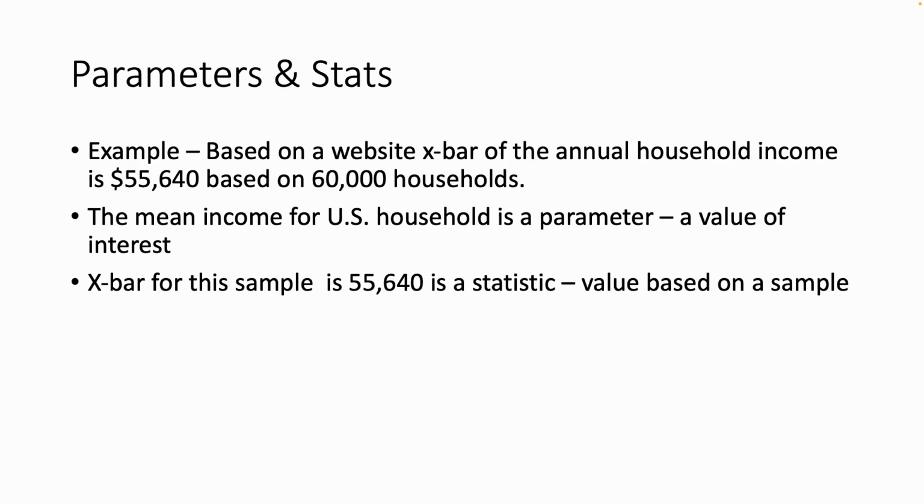So the idea here is that we don't necessarily have the ability to find the exact value of the parameters, but we can find statistics. For instance, we know that the mean annual household income for 60,000 households is $55,600. That is the current U.S. statistic right now in 2023.